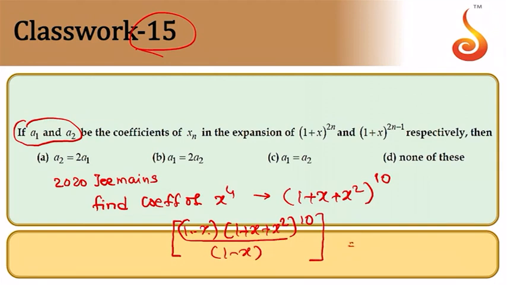In this problem what we do is we multiply by (1 minus x) and divide by (1 minus x). When we do this, we get (1 minus x cube) to the power 10 into (1 minus x) to the power minus 10.